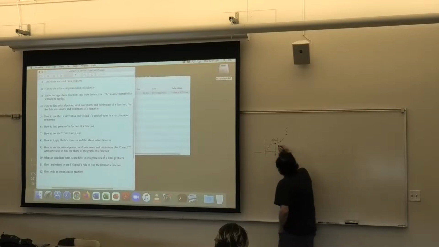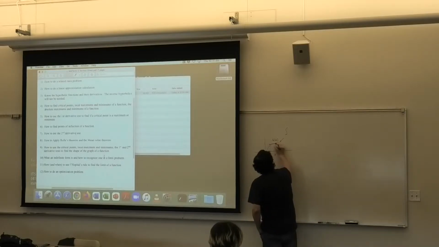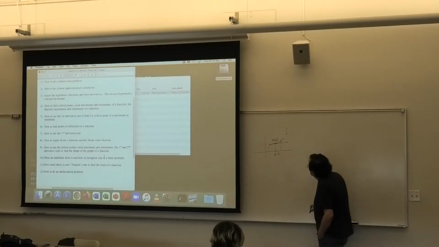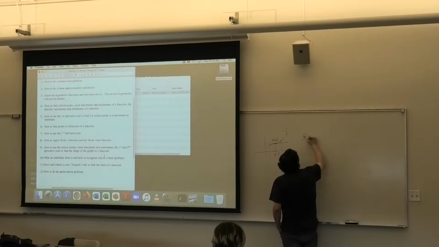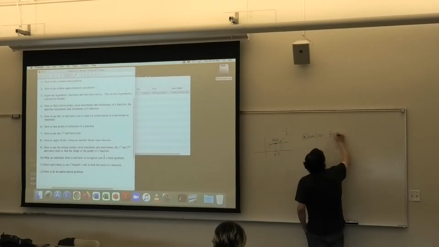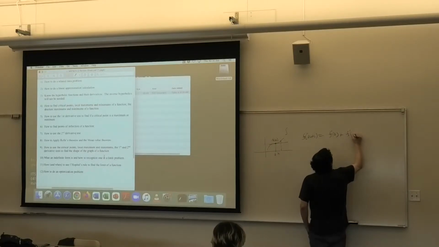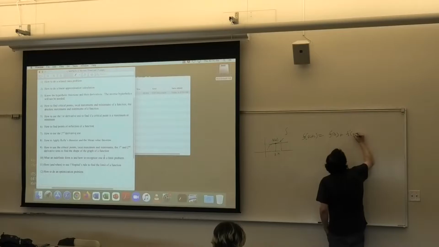And so we use the idea that the tangent approximates the function close by. And so f of A plus h is going to equal f of A plus the derivative at A times h.